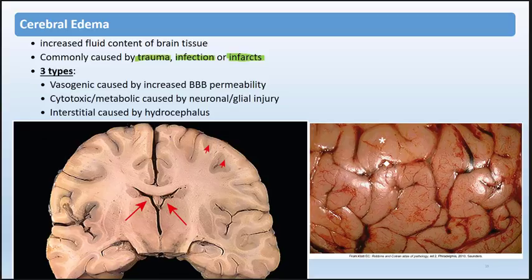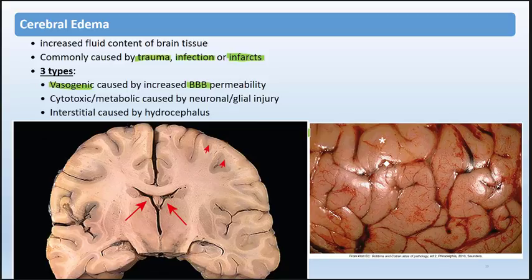Now, there are three types of cerebral edema: vasogenic, cytotoxic or metabolic, and interstitial. Vasogenic edema is clinically the most important type, and it's caused by the increased permeability of the capillary endothelium of the brain after some injury to the vascular structure. What that means really is that there's an increased permeability of the blood-brain barrier.